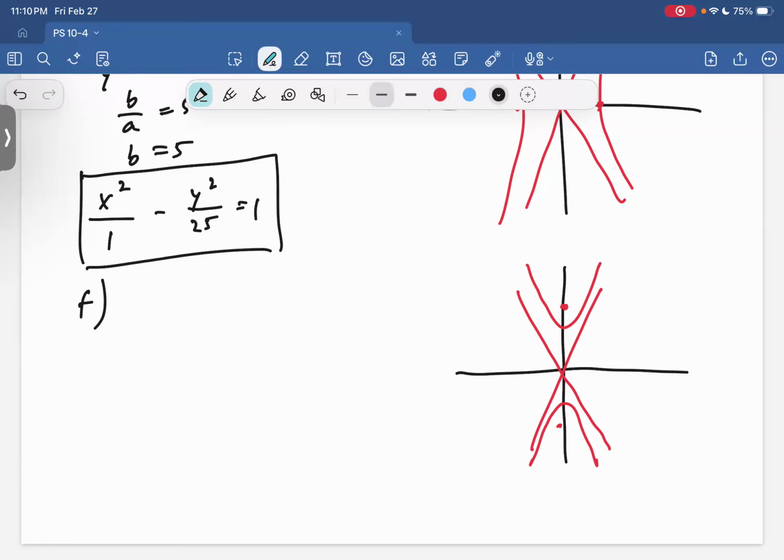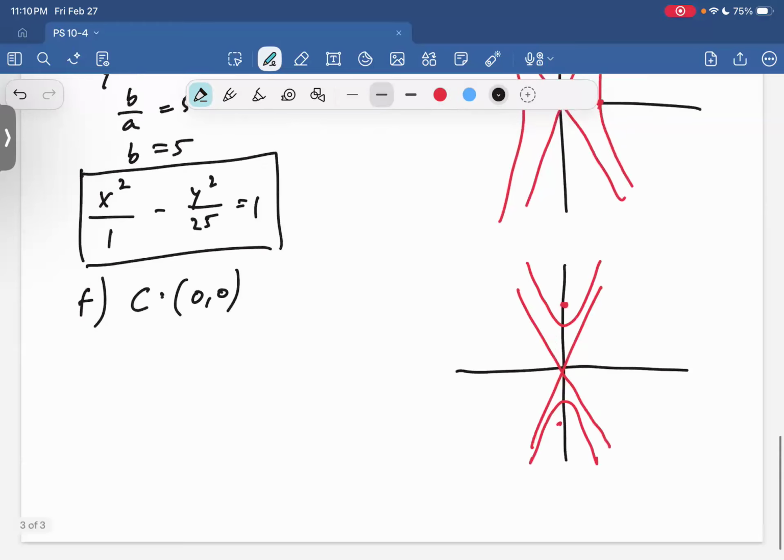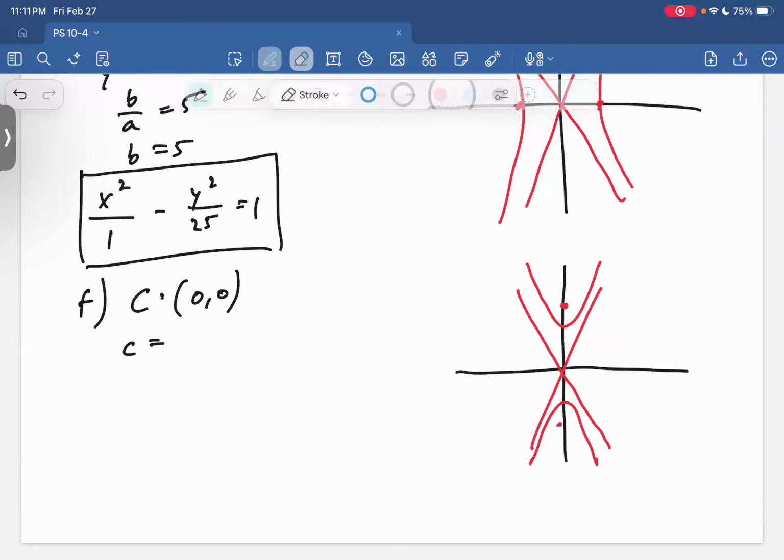All right, so once again, the center is at 0, 0, but now I'm given C, right? I'm given the foci, so I know that, let me not write two C's, that's very confusing. C is equal to 8 because the foci are 8 units away from the center, but I'm given the asymptotes. This is a little tricky, isn't it?